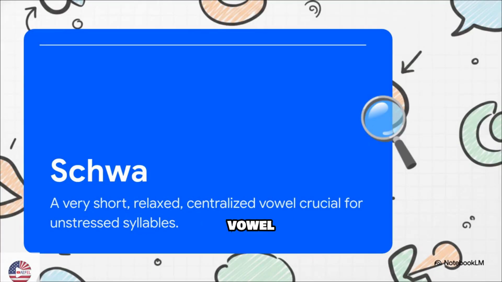But wait, when a vowel shrinks, what exactly does it shrink into? Enter the schwa. It's this very short, super relaxed, centralized vowel sound. Basically just a quick uh. And it is the absolute engine behind spoken English. See, our brains expect these full, beautiful vowels based on how a word is spelled. But the reality is, the schwa swoops in and replaces those vowels in almost all of our unstressed syllables.